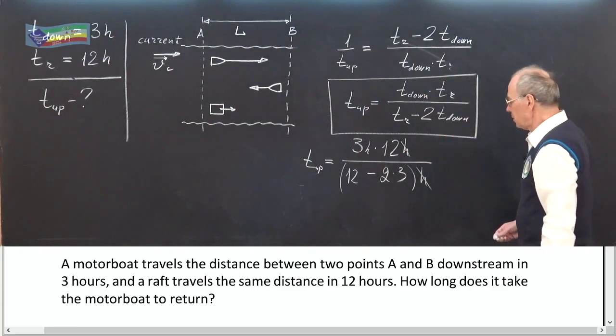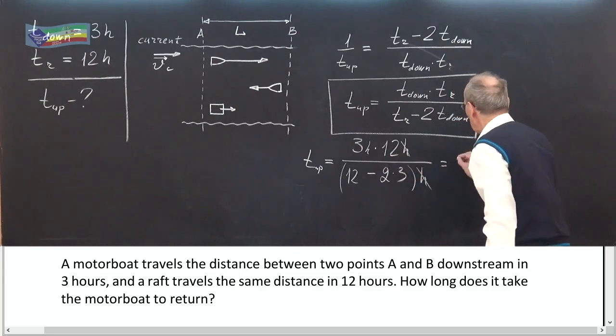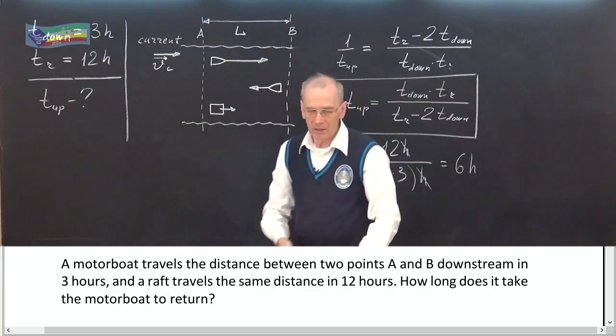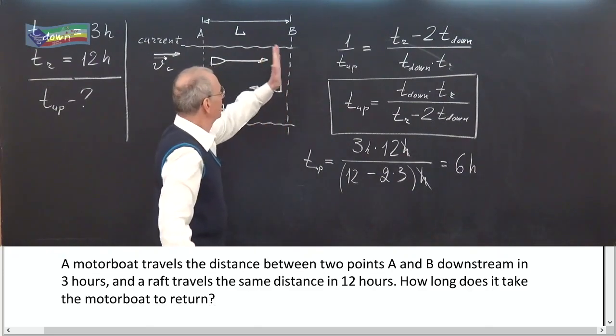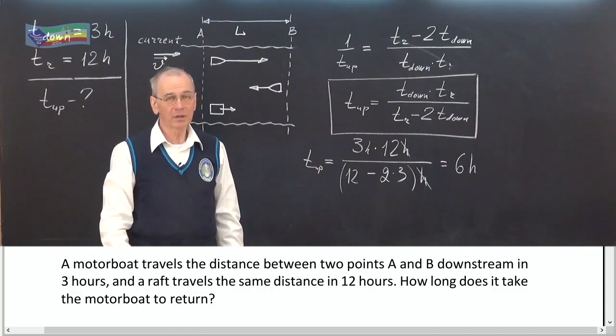The result is in hours, and we have 6 hours. So it takes 6 hours the motorboat to return from B point to A point. The problem is solved.